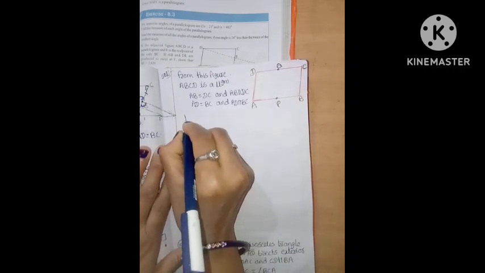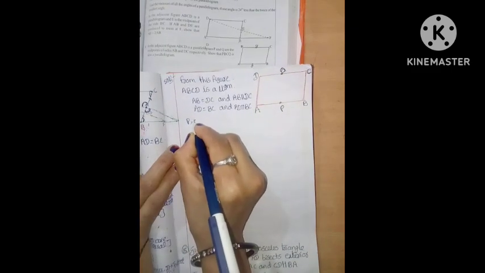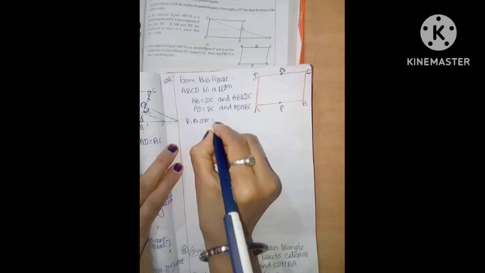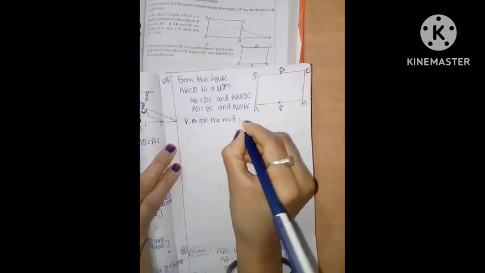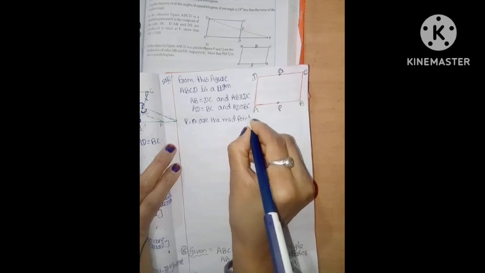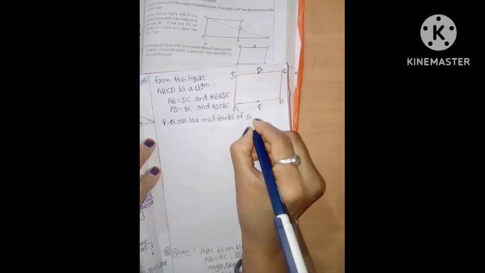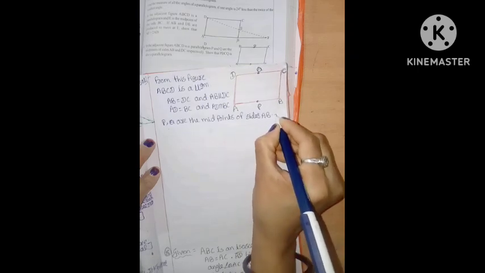Next, P and Q are the midpoints of sides AB and DC.